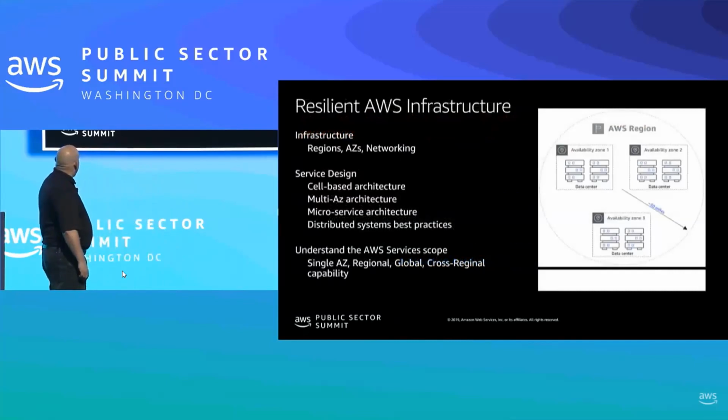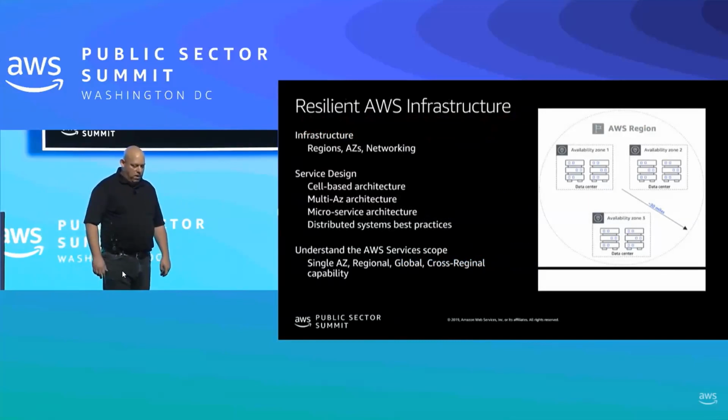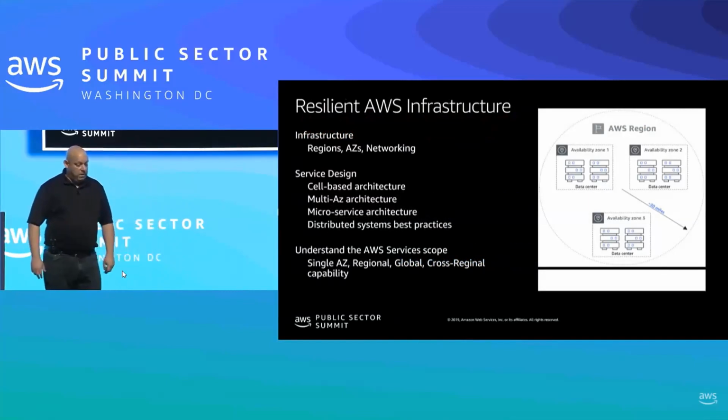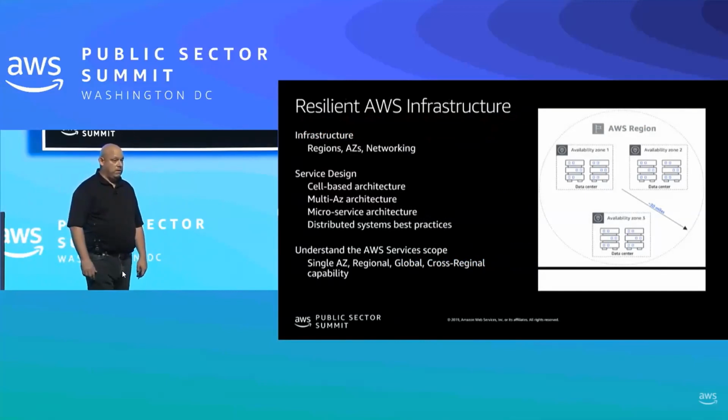So let's talk a little bit about the AWS infrastructure. We provide a reliable, scalable, low-cost platform, and today it's running thousands of businesses in 190 countries around the world. Many folks are running very high production, highly resilient production systems. It starts with a region.